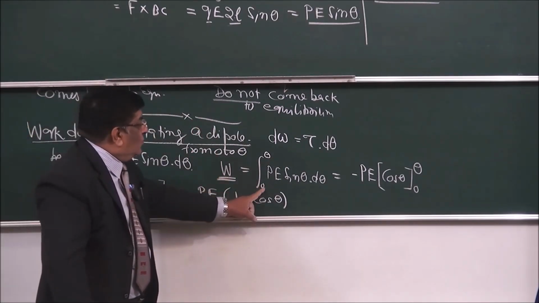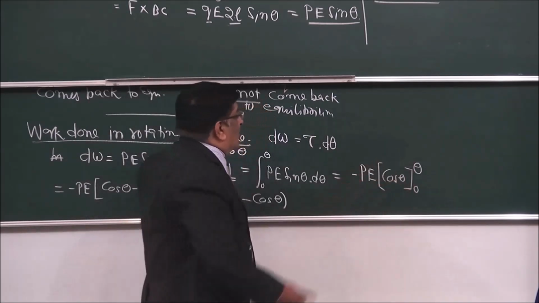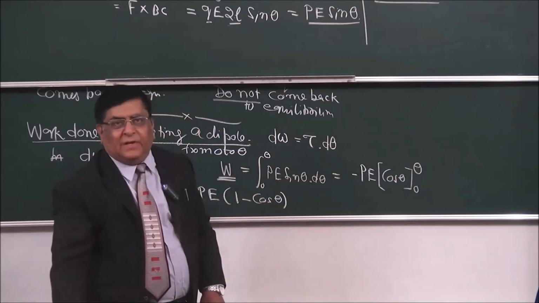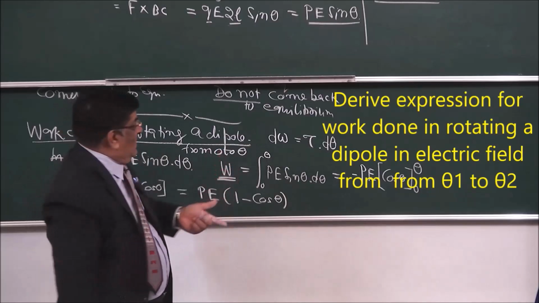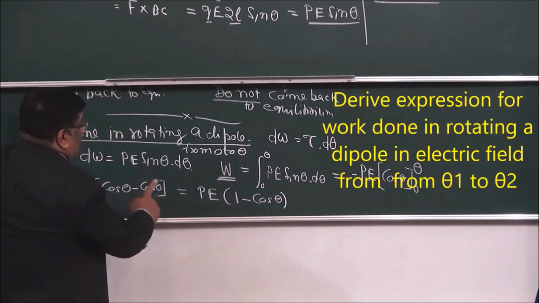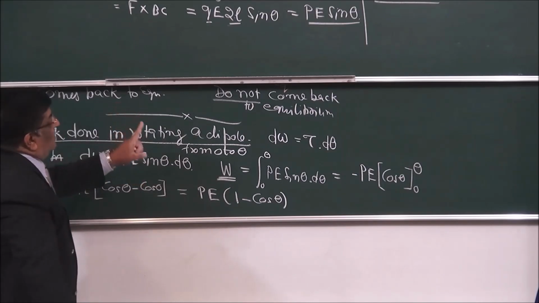Put 30 to 70 here, and we get the answer. So we can find out the work done for any rotation. Anyway, this is the work done when we are rotating it from 0 degree to theta degree.